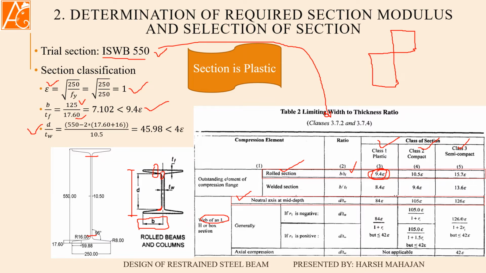So here you can see the equation: total depth minus 2 times the thickness of flange, which is 17.6, and root radius. So this ratio is coming less than 84 epsilon. That's why this can be considered as plastic. So the whole section is plastic now. Our whole design will be based on this fact that our section is plastic. It can develop the plastic state before going for local buckling failures.